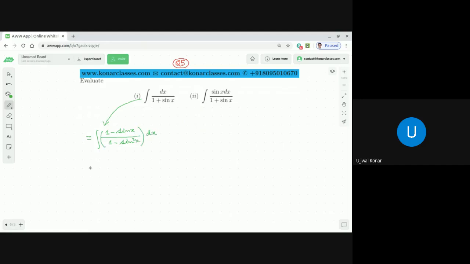Clear? So this is equal to integration of (1 minus sin x) divided by cos square x dx. This implies integration of sec square x dx minus integration of sec x tan x dx.